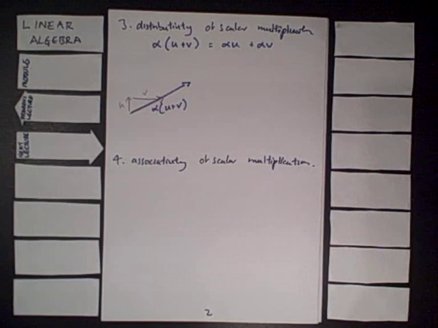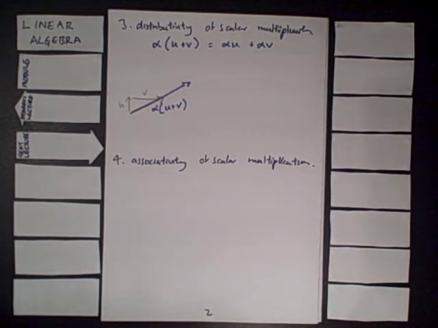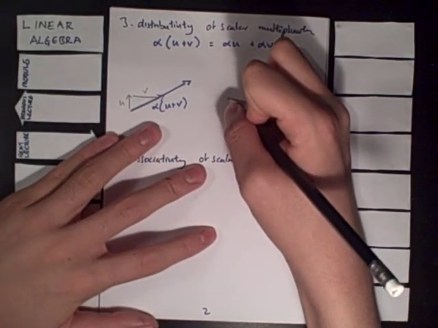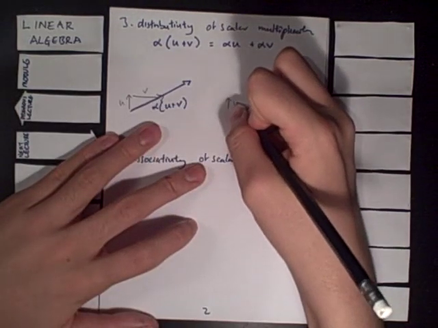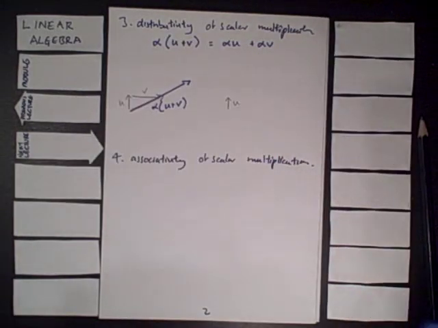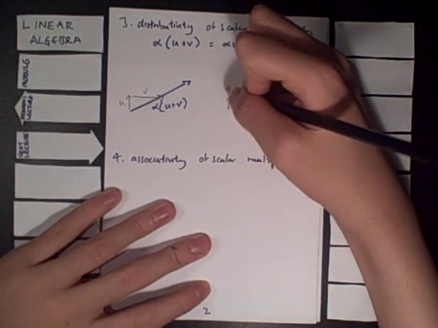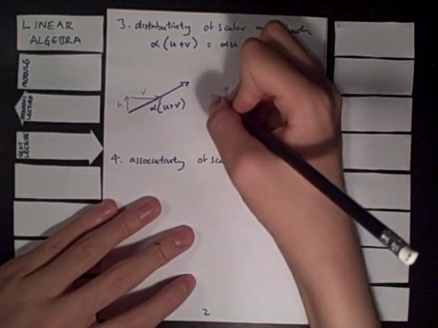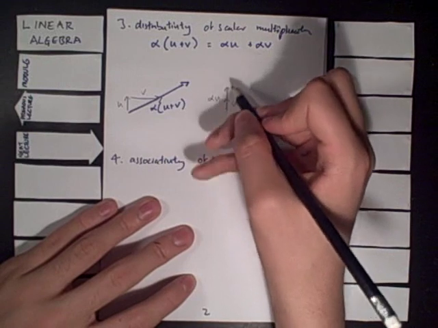Now, what we're saying with this property is that that process is exactly the same as taking u and then multiplying by alpha to get alpha u, which is this long one, and then adding alpha v.